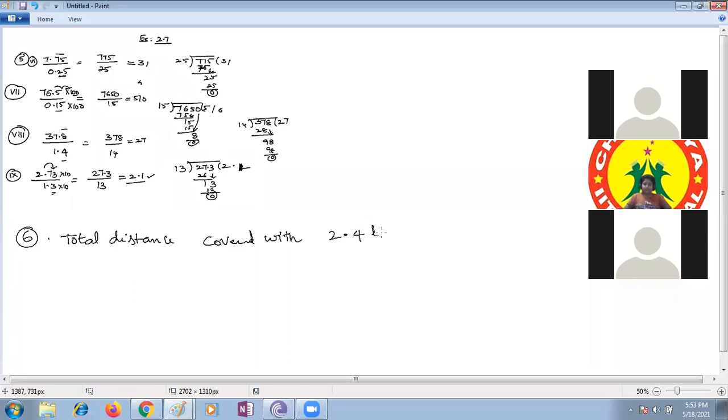So 2.4 liters of petrol is equal to 43.2 kilometers. Therefore, the distance covered with 1 liter of petrol is question mark.